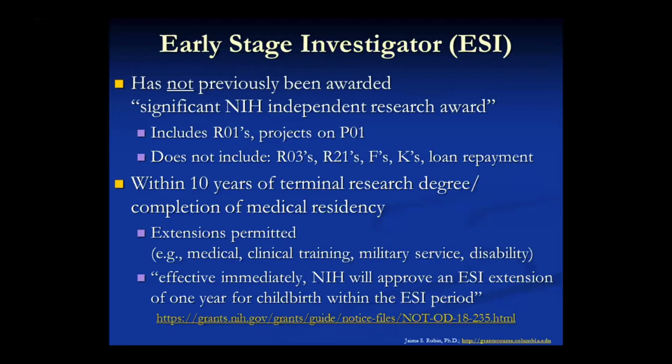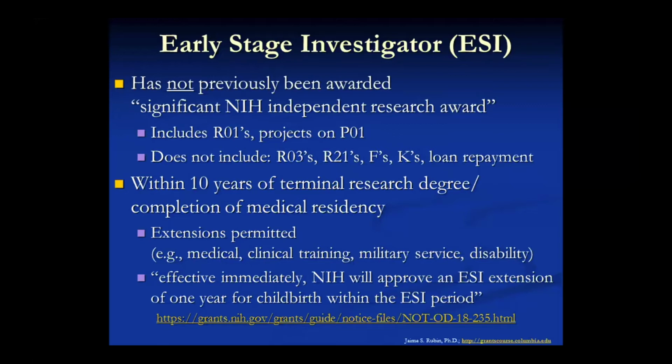Extensions are permitted and are given not infrequently, many times for, let's say, the clinical years of a clinical fellowship. Also for childbirth within the ESI period. NIH has now said they will give everybody an extension for 1 year. So if you meet these criteria for early stage investigator, my suggestion is that you go into your NIH Commons site, and I'm going to show that in a little bit, fill out your personal profile and the education section.